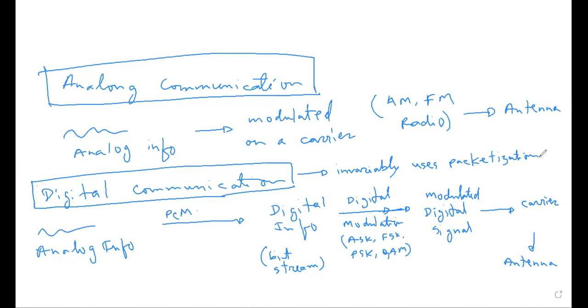Resources mean the paths for communication. Some paths are overcrowded, so don't use those. Route your packets in some other way. All these are possible, like we also discussed the functions of TCP, retransmitting a packet when it is lost.